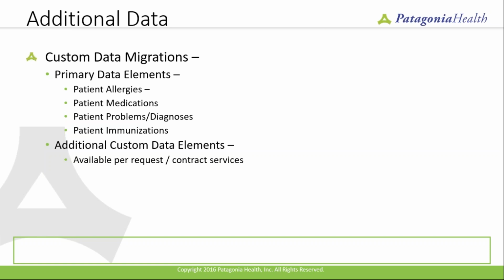Patient problems and diagnoses, ICD-9s or ICD-10s, and the ICD description or a problem name or assessment description, all of that could be brought in. And then with patient immunizations, there's a lot of information here.